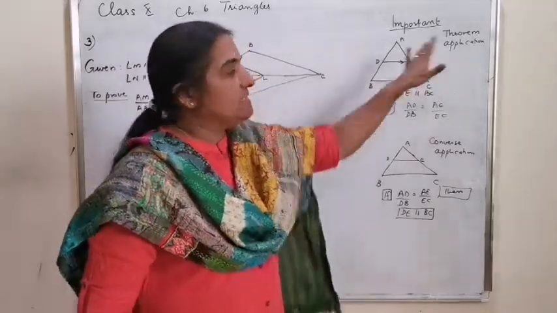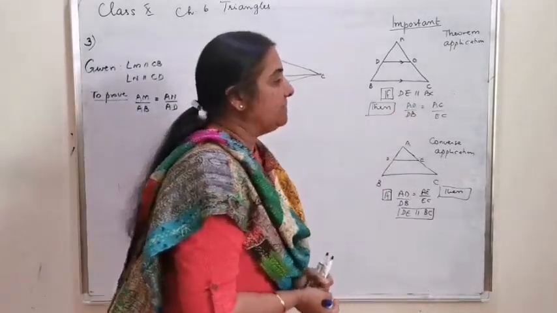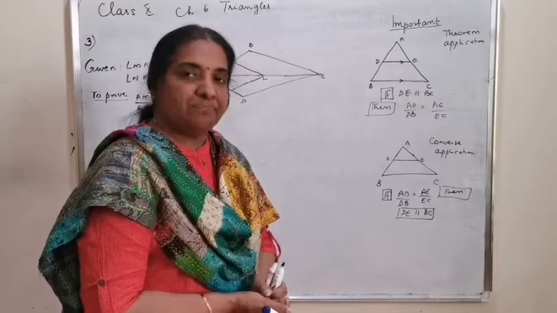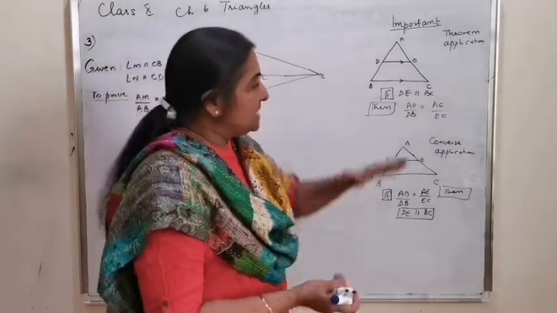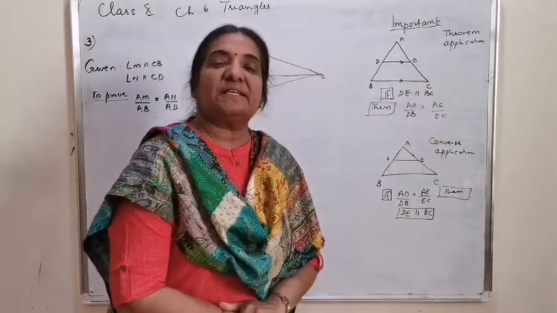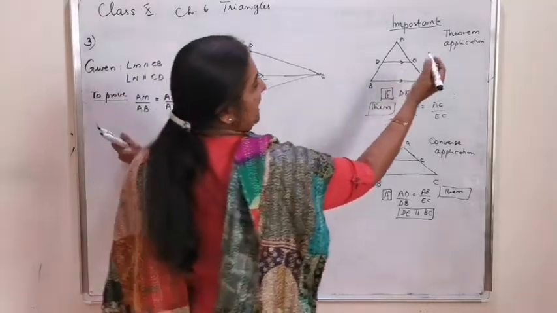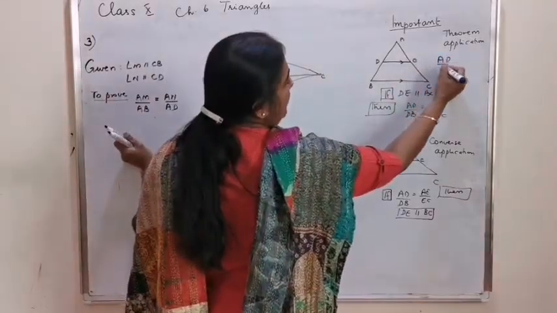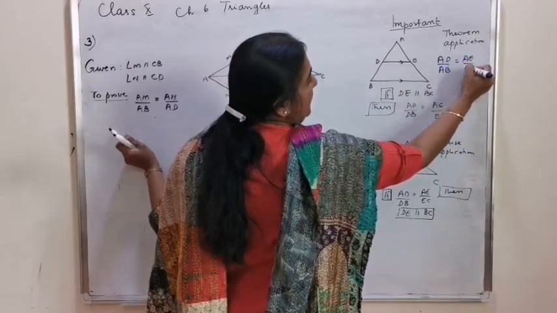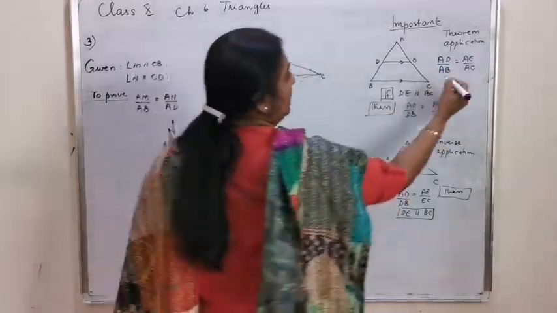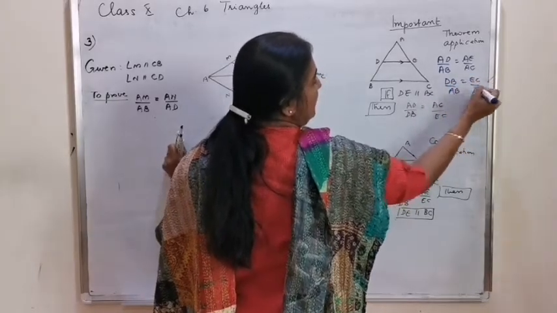By applying the basic proportionality theorem, based on this relation AD by DB is equal to AE by EC, many useful results can be derived by taking the reciprocal of the ratios and adding 1, or by taking the ratios as AD by AB is equal to AE by AC, or DB by AB is equal to EC by AC.